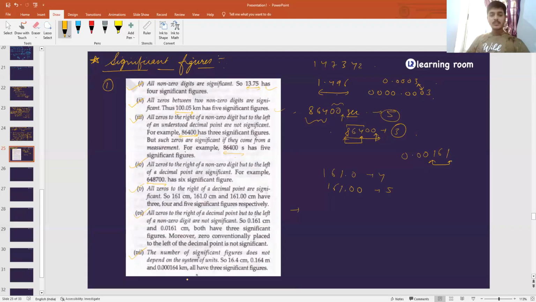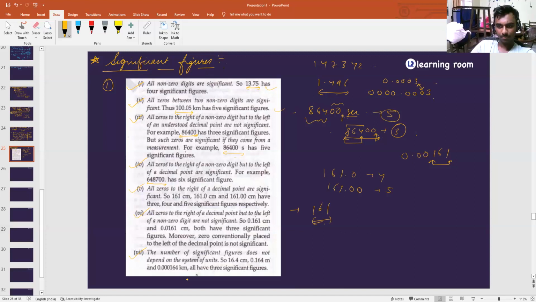If you write something like this here, 161, how many significant figures are there? 3. But if I write it like this, then 4.